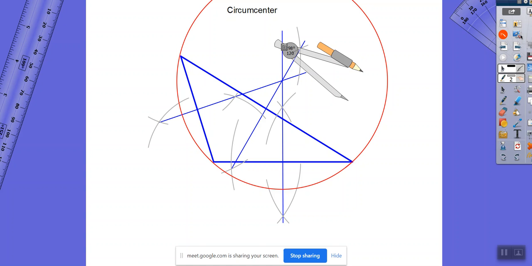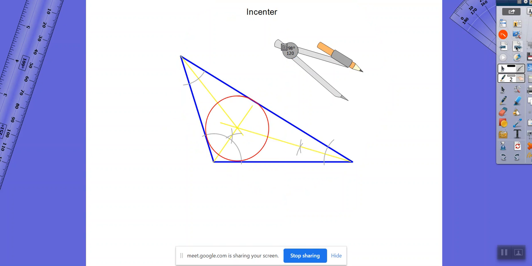So circumscribed and inscribed. Again, the circumcenter is made by finding the perpendicular bisectors, and that gives you a point that is equidistant from all three corners of the triangle. The incenter is created by finding the angle bisectors, and the point of concurrency of the angle bisectors happens to be equidistant from all three sides of the triangle.